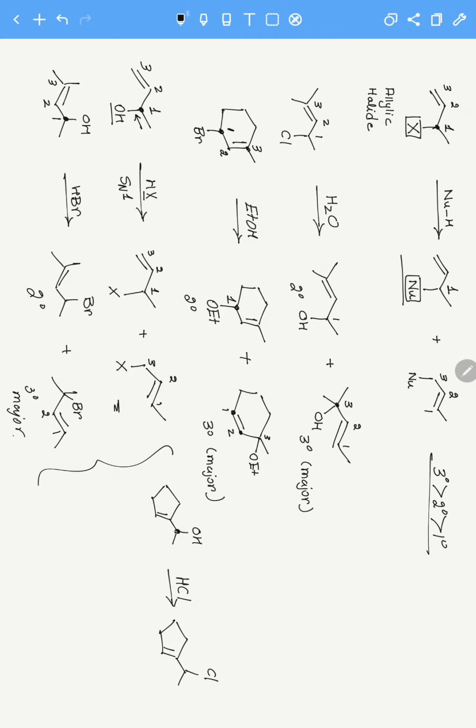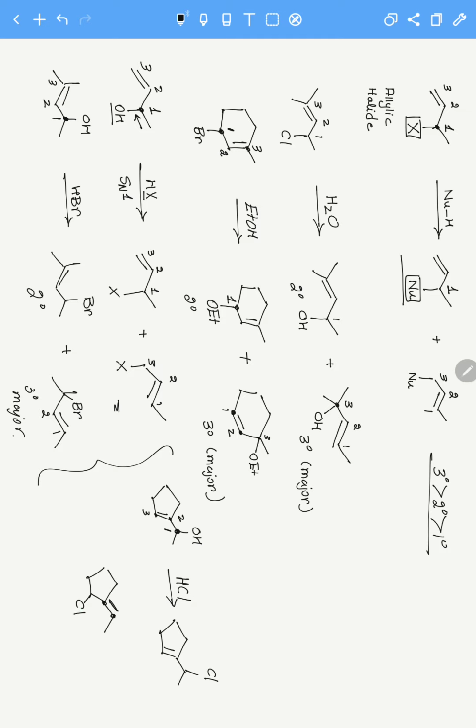For the second product, make sure to number this as number 1, because this is the allylic carbon with the OH on it, and this is 2, this is 3. Now I will just redraw the structure. So my double bond will be between 1 and 2, so this is 1 and 2. My double bond moves to this new position, and then my Cl will go to carbon number 3, and this is how we draw the product.